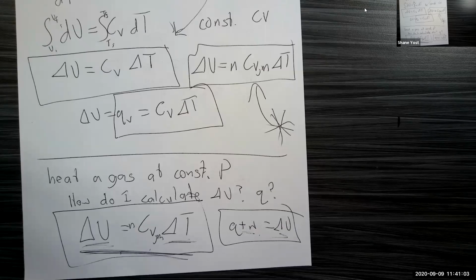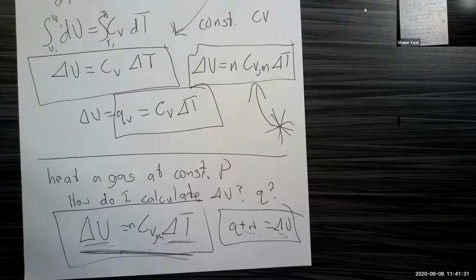But for gases, CV and CP are different, and those would be different from their specific heat capacity, which you wouldn't really talk about for a gas. You talk about CV or CP for gases. For solids and liquids, you talk about specific heat capacities. So for a solid or a liquid, the specific heat capacity times delta T would give you the internal energy change. But for gases, it's specifically CV, not CP.